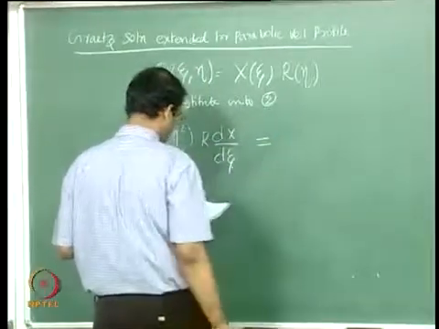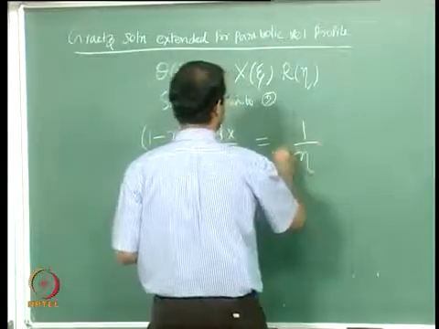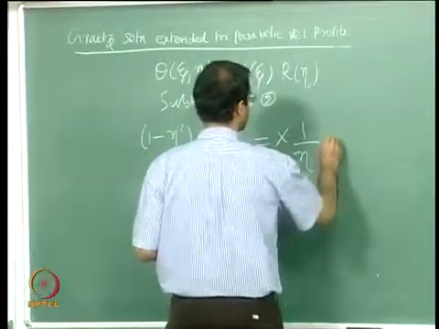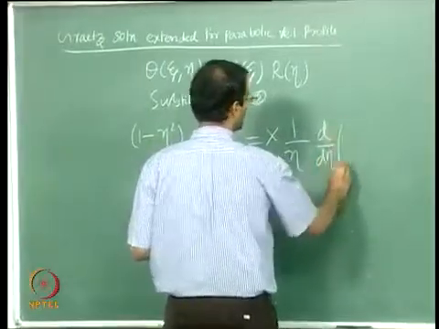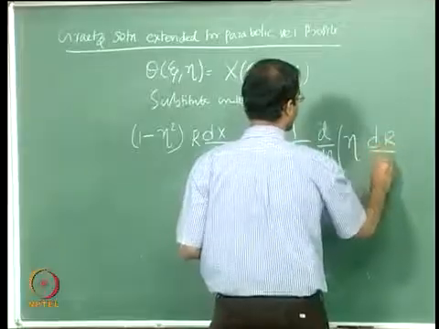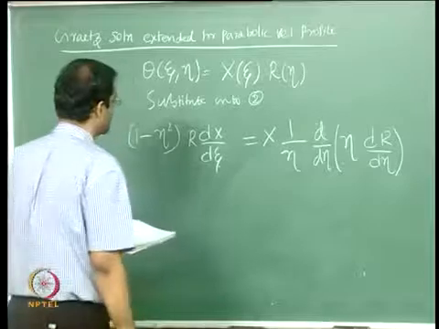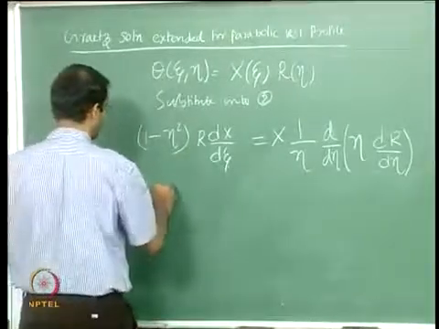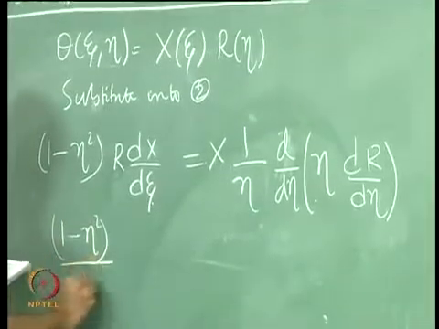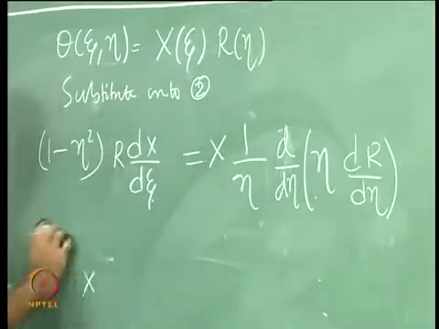On the other side you have 1 by eta, X constant, d by d eta of eta into dR by d eta. I divide both sides by X into R, and I also take 1 minus eta square to the right hand side.